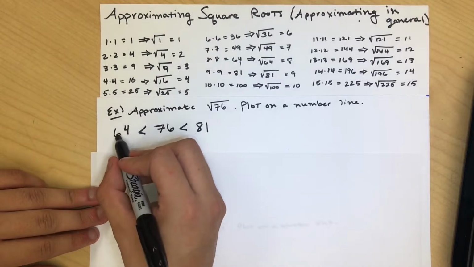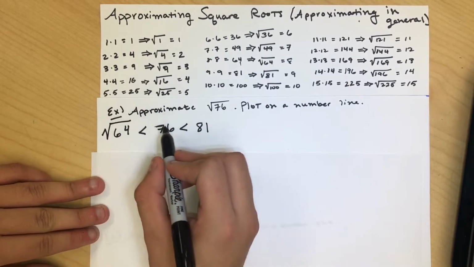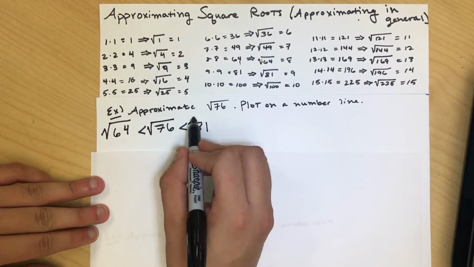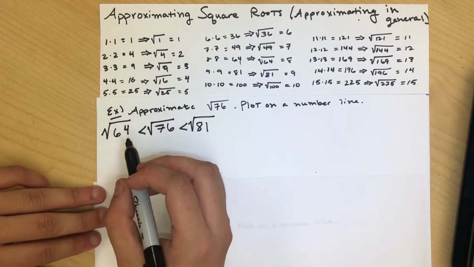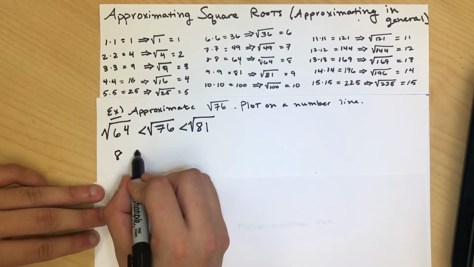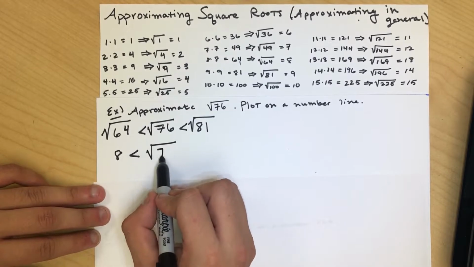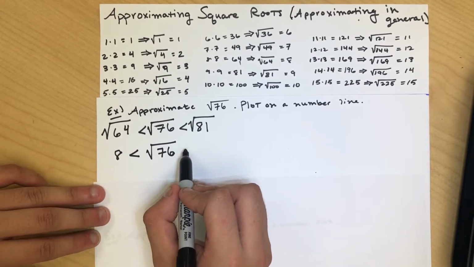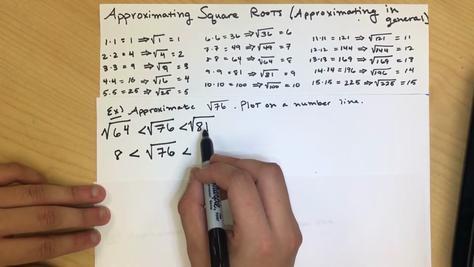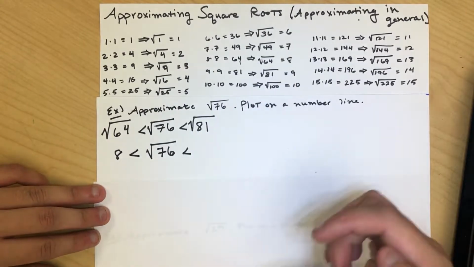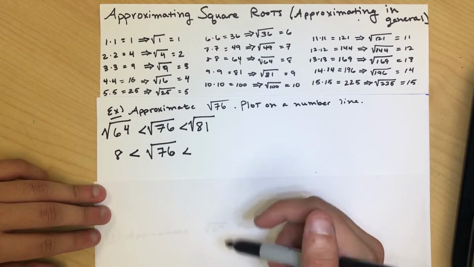Since the square root preserves inequalities, we can just take the square root of everything, just like before. Now we get the square root of 64 is 8, which is less than the square root of 76, we don't know that, so we can just leave it alone, which is less than the square root of 81, which we know is 9 because 9 times 9 is 81.